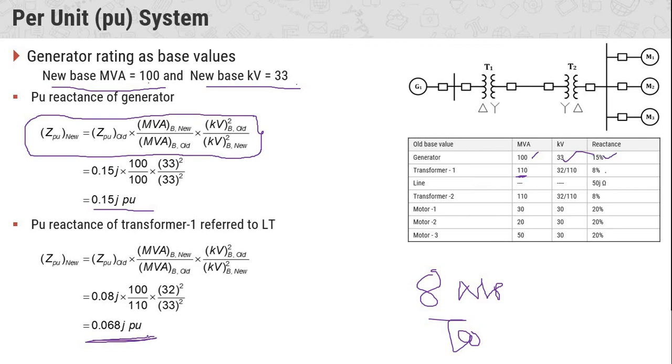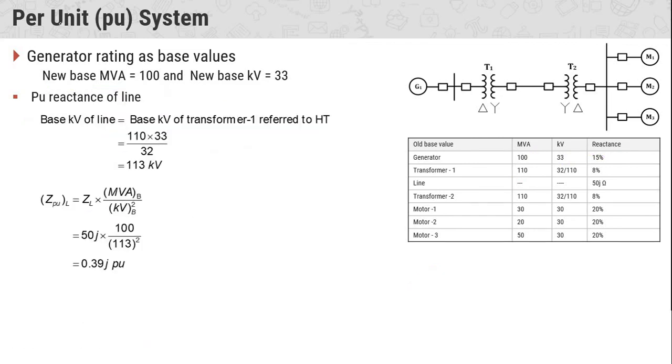Now, because of the transformer, the base values are changing. So the new base value as referred to the generator is 100 MVA and the new base kV is 33. The MVA value should remain the same, but the kV value is changing because of the presence of the transformer.